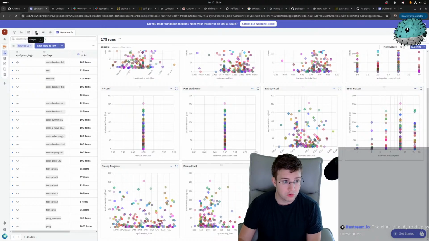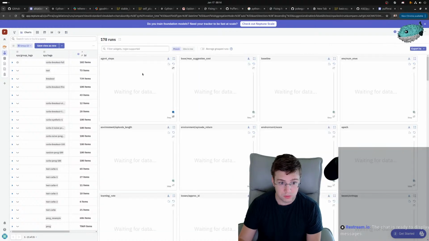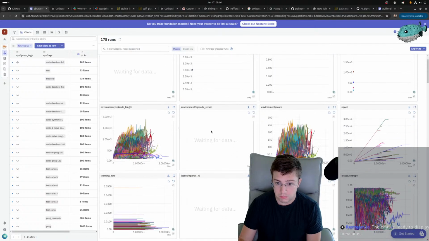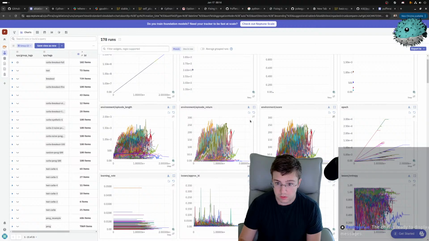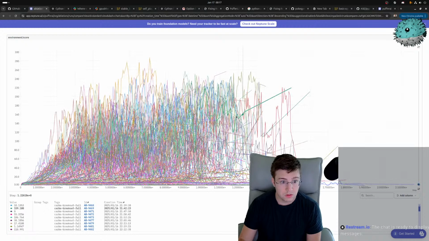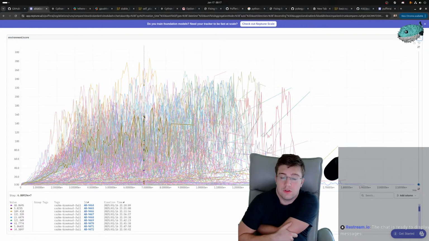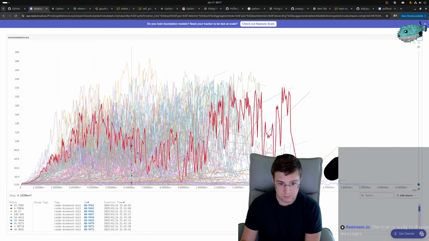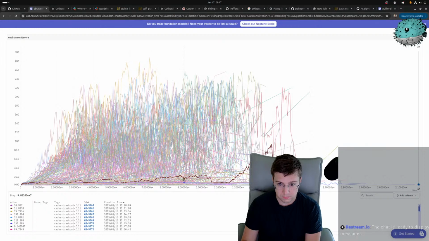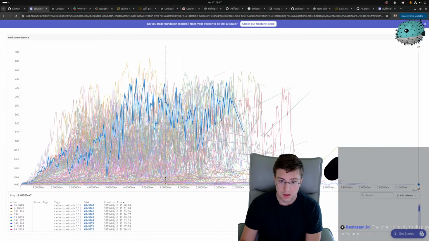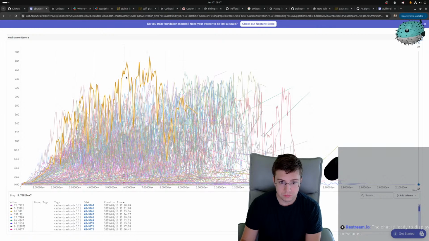We can look at curves for this as well. So this is right here. These are very, very noisy curves. This environment in general, I mean, you can see the train curves are really all over the place.